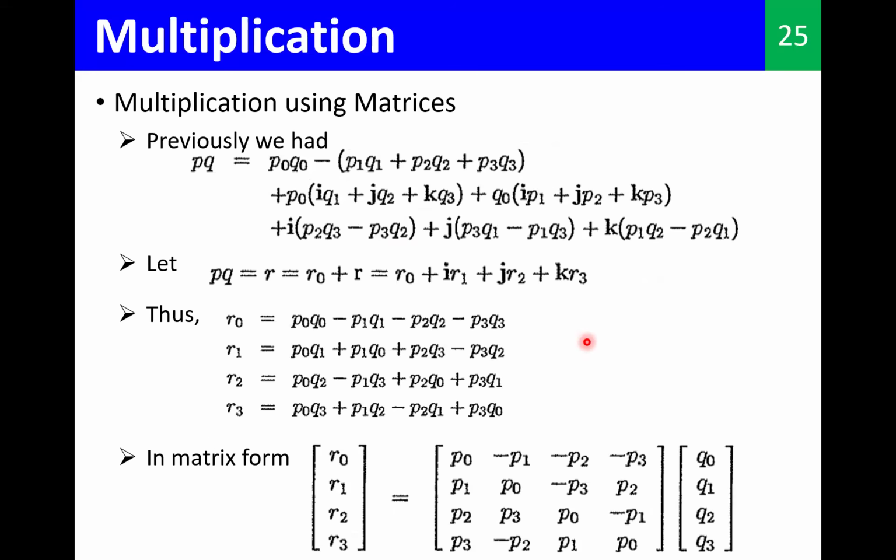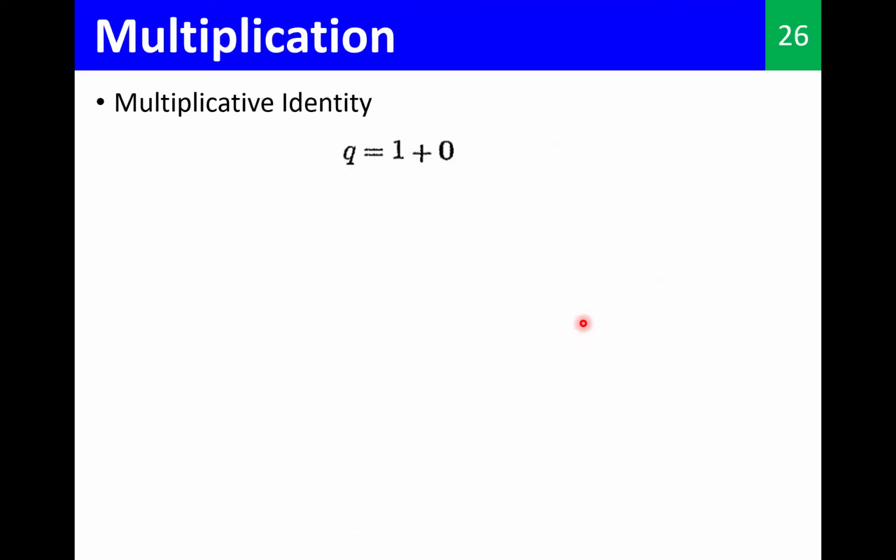Okay, right. And let me give you some more useful identities. So when it comes to multiplication, there is a multiplicative identity, right? So in real numbers, you know that is 1, right? So if you have a certain number x, the multiplicative identity is simply 1.